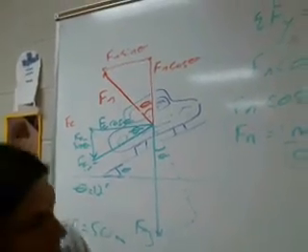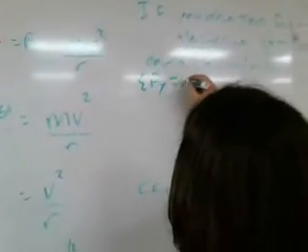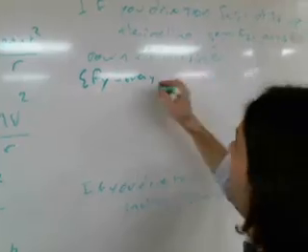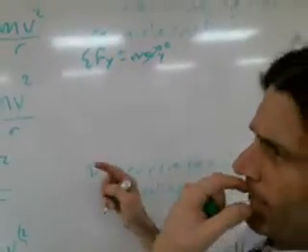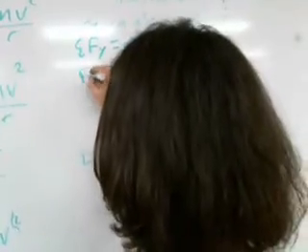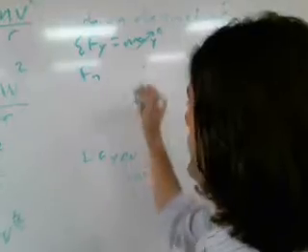I will start with the y. The sum of the forces in the y equals ma, and ma will once again go away, since there's no acceleration in y. There's 1 up and 2 down. The up is that normal component that is vertical, Fn cos theta.